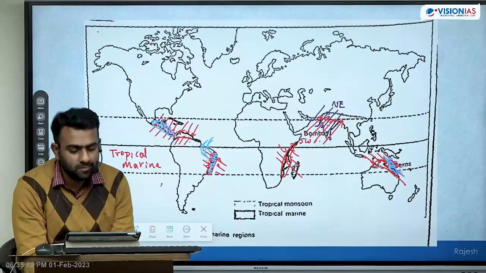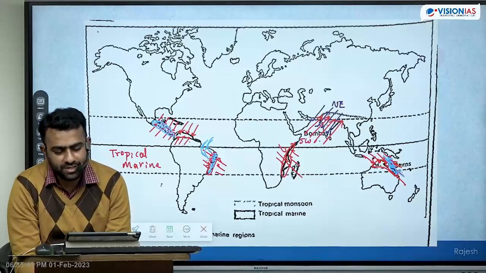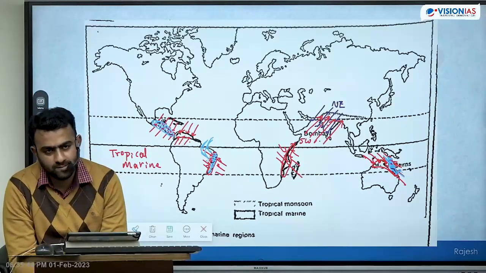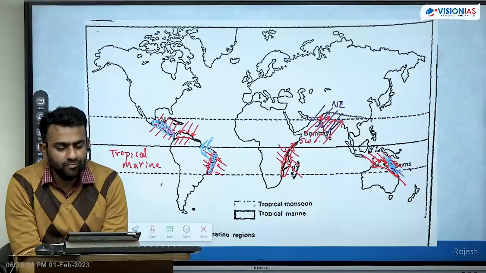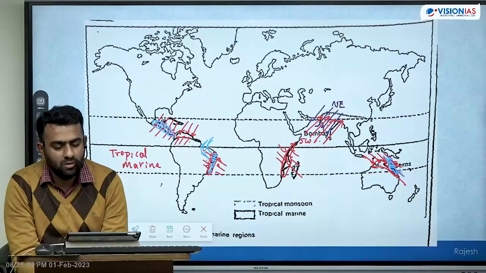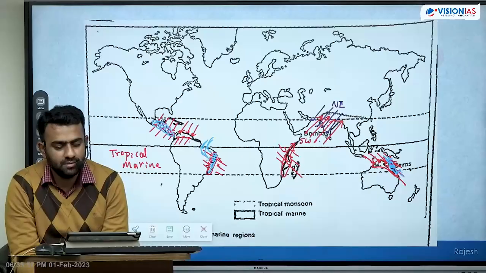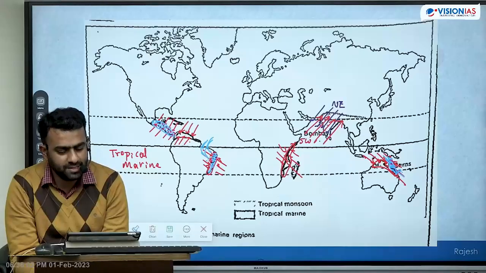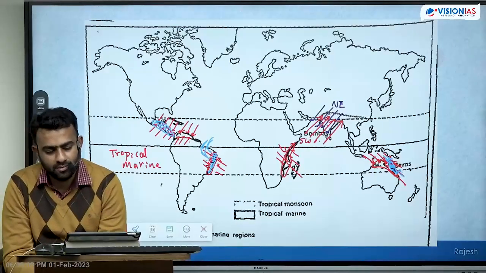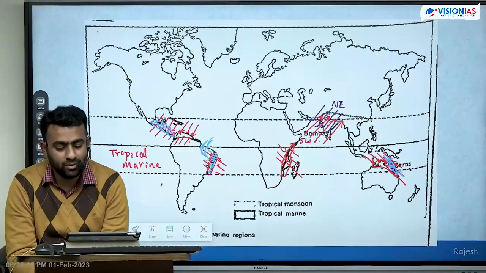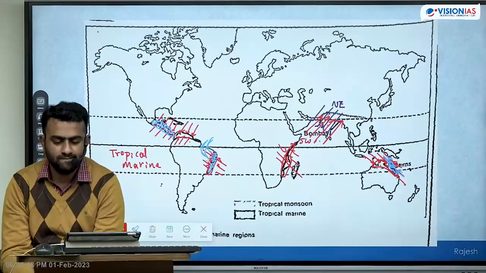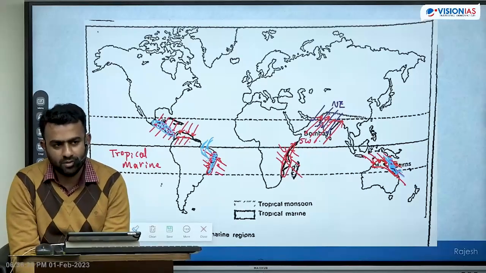So next point. In some regions within the monsoon type, onshore trade winds cause precipitation from both the directions throughout the year.